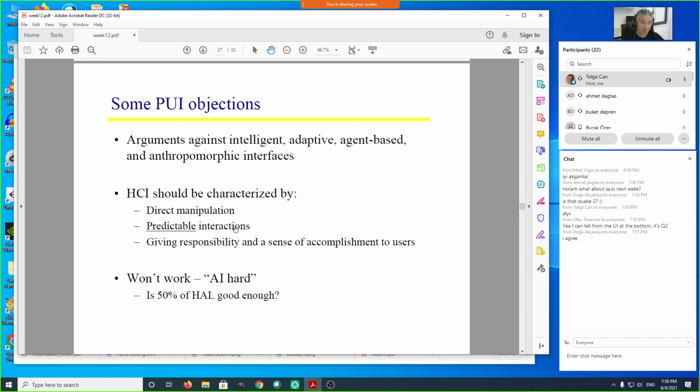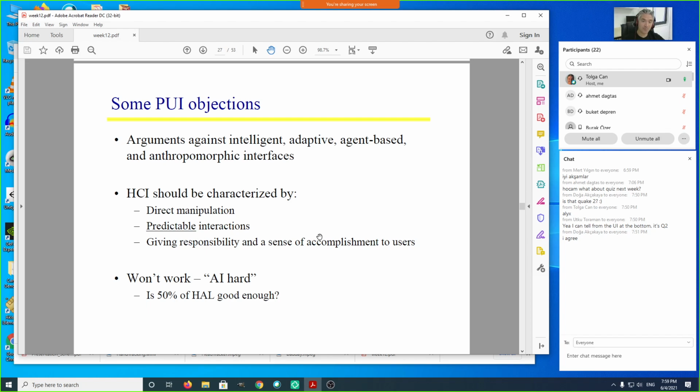It's direct manipulation of your files, all the things you do when interacting with a desktop or a PC, a predictable interaction. And here it's the user who accomplishes these things. It's you who moves files from here to there. Giving the responsibility and sense of accomplishment to users is what makes interaction efficient.